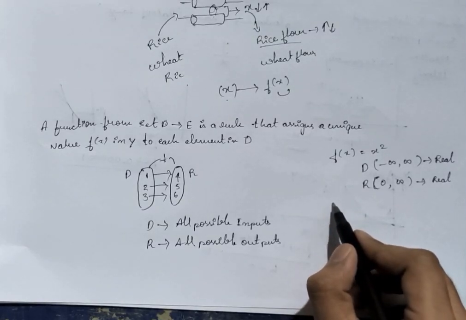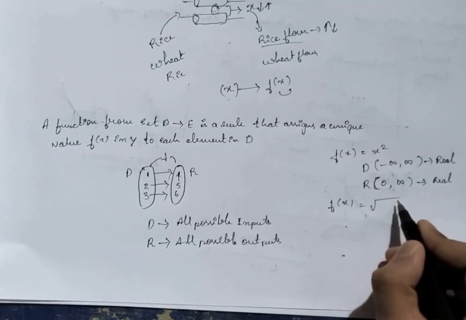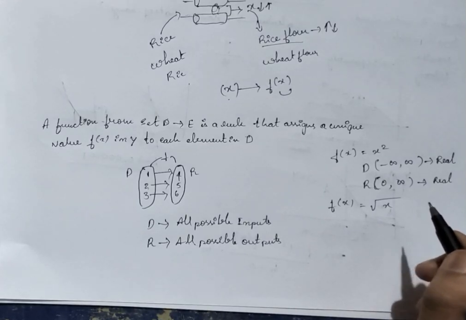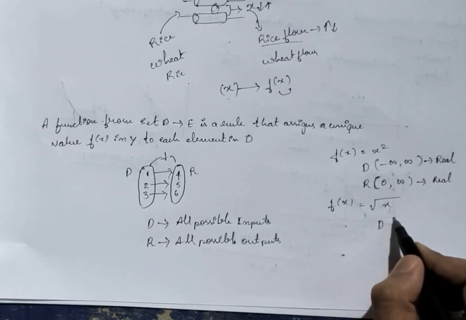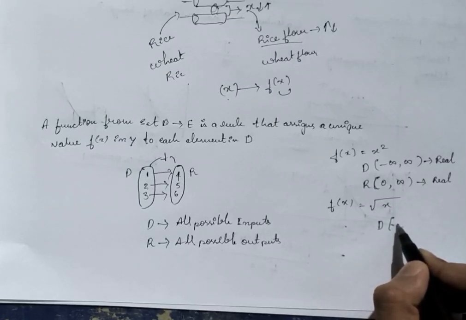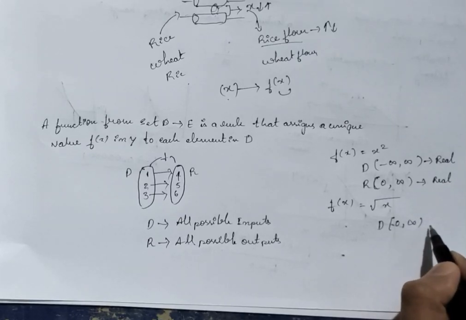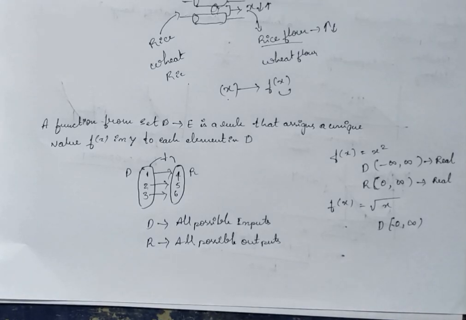Consider another function f of x is equal to root x. Here it is a bit tricky. In this, what is the input? That is domain. It is from 0 to only positive real numbers, because for negative real numbers the output doesn't exist.